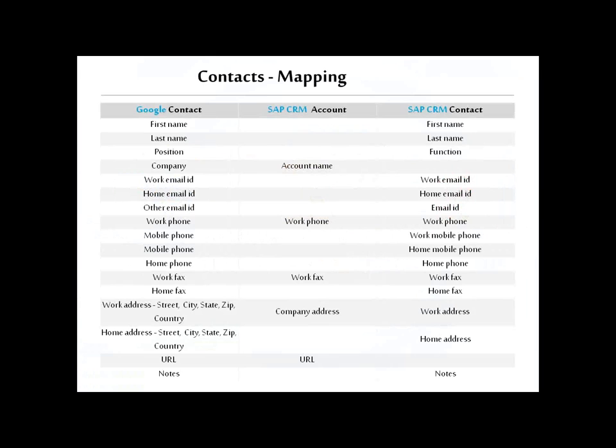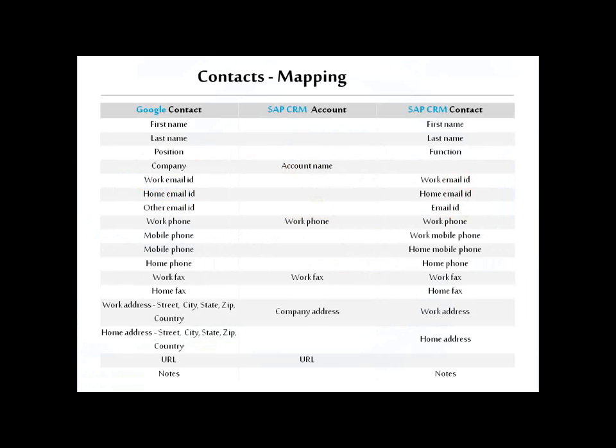But from Google Contact, we have the contact. The only pieces of information that talk about the company are the name of the company, the position of the contact in the company, the work phone number, work address, work email ID, work fax, and the URL of the company. So these are the pieces of information that talk about the company. The rest of the information talks about the contact.